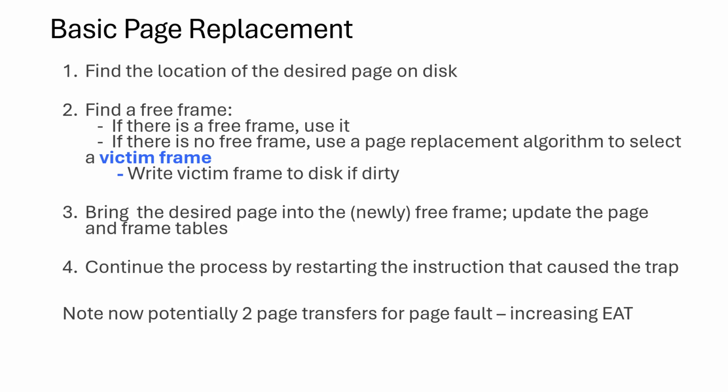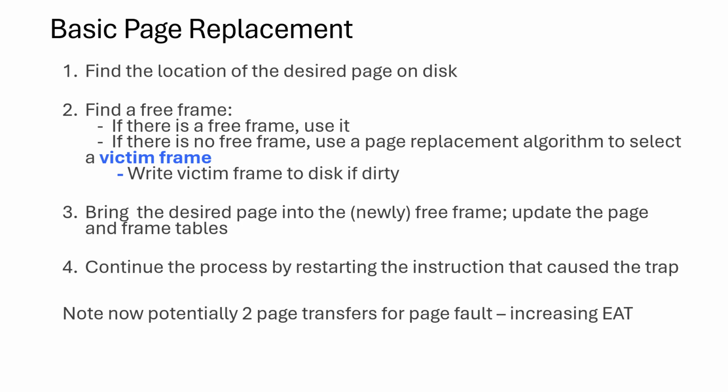Basic page replacement: find the location of the desired page on the disk, then find a free frame. If there is a free frame, use it; otherwise replace one. Select one frame, called the victim frame, mark it as dirty or invalid, and replace it with the new one.